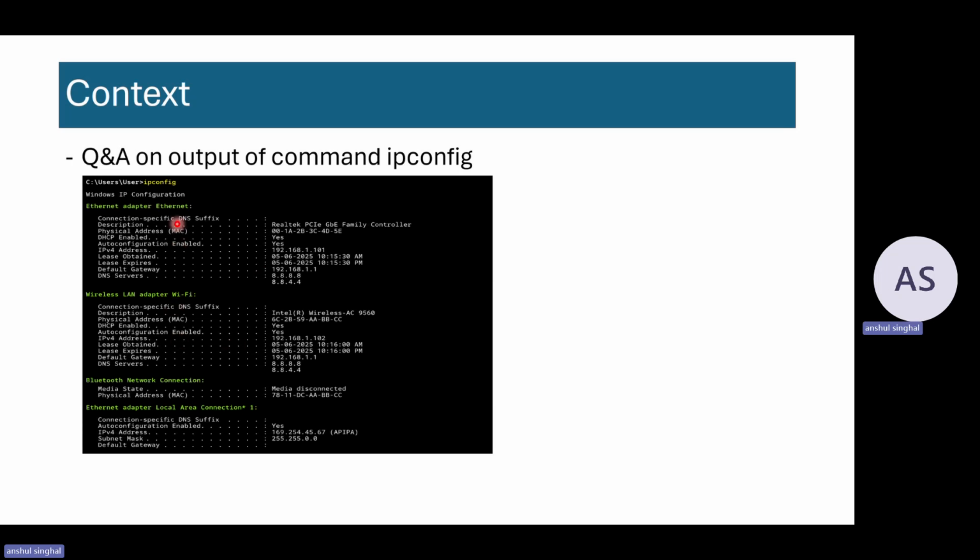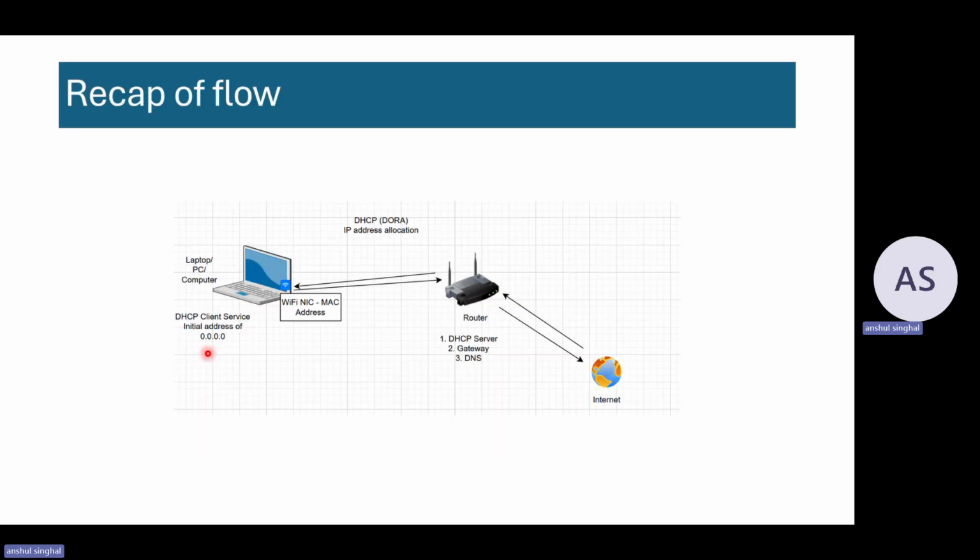In this case we have Ethernet, Wi-Fi, Bluetooth, and one more. For each network interface card or network connectivity, we have the associated MAC address or physical address, DHCP enabled, auto configuration enabled, IPv4 address, lease obtained, lease expires, gateway, DNS server. So let's see what these questions are all about.